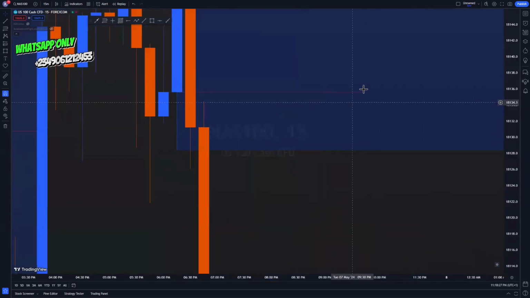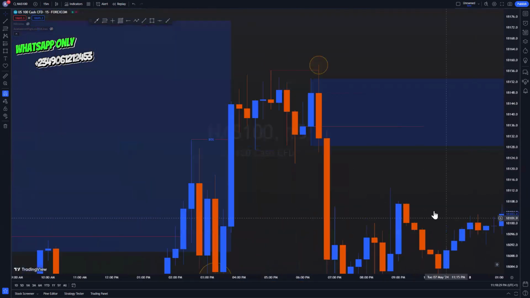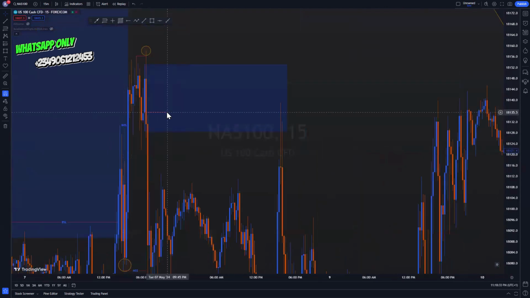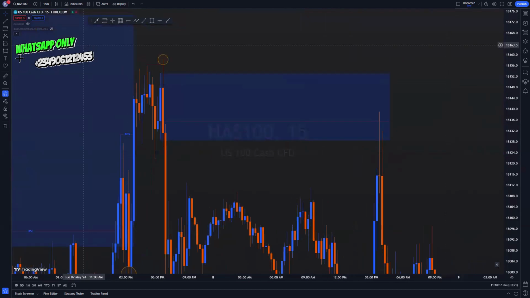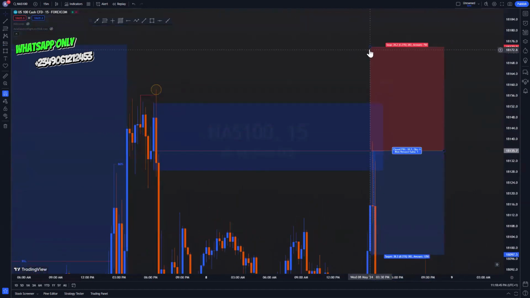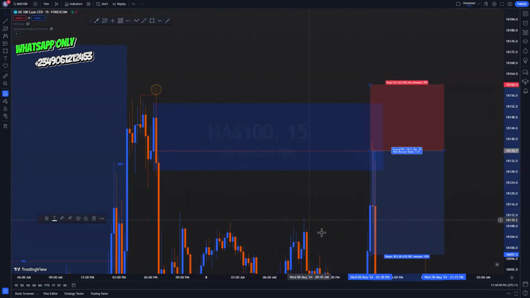So this is my sell limit. All I had to do was extend it, and that was where I placed my sell limit. At this point, SL above here.